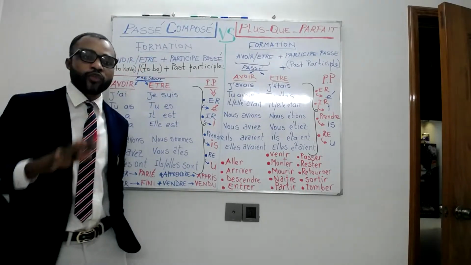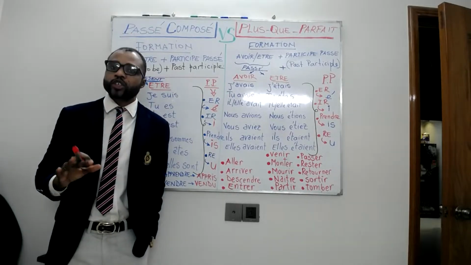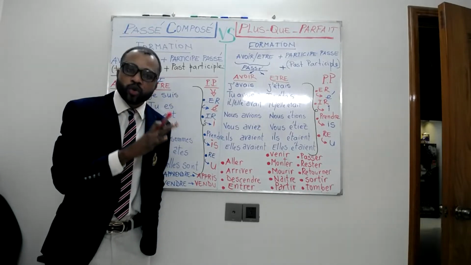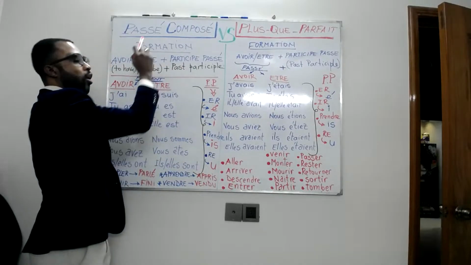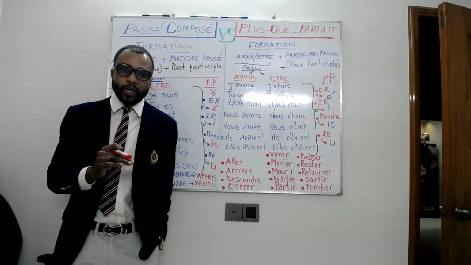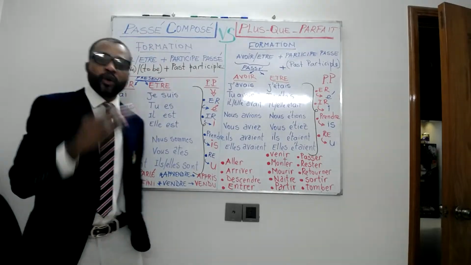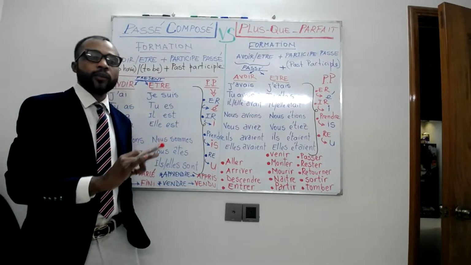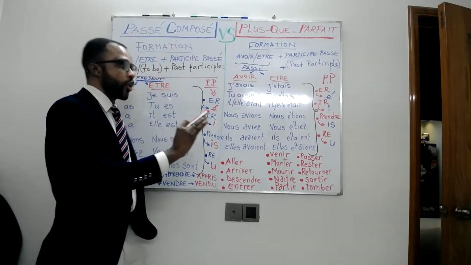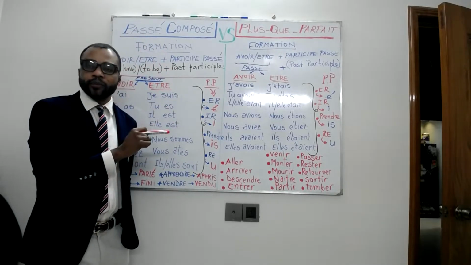But here the difference is le passé composé, which means the past which is composed. So the past which is composed, we call that passé composé. In English, we call it present perfect. So if you know how to use the present perfect, definitely in French, we call it passé composé.